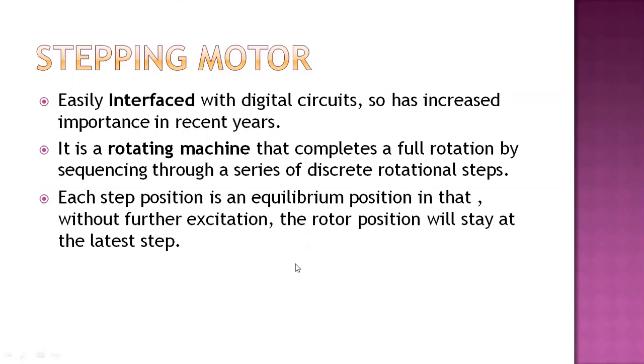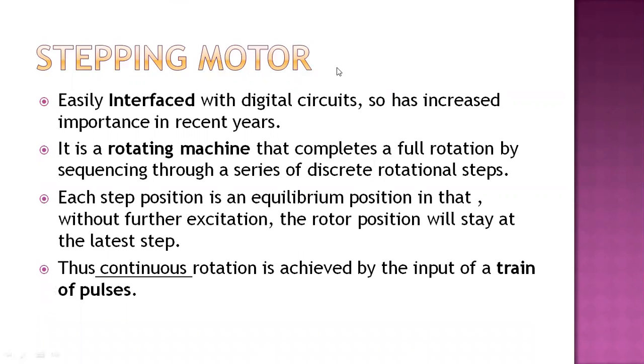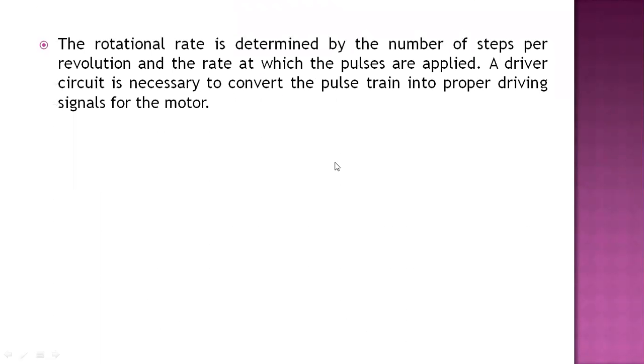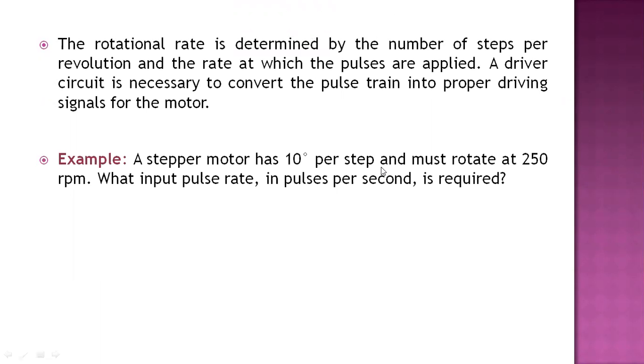The continuous rotation is achieved by the input of a train of pulses. The rotational rate is determined by the number of steps per revolution and the rate at which the pulses are applied. A driver circuit is necessary to convert the pulse train into proper driving signals for the motor.